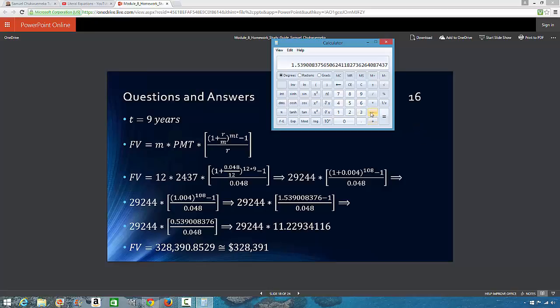Then you do minus 1 equal to, then divided by 0.048 equal to, then times 2,329 equal to. Okay.